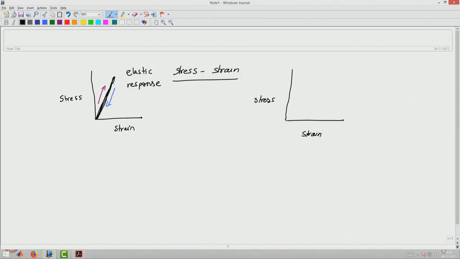in the case of metals what we see is a yield point beyond which we see non-linearity beginning. The other important aspect is that if I release the material, if I reduce the load on it, it comes back with a plastic strain.